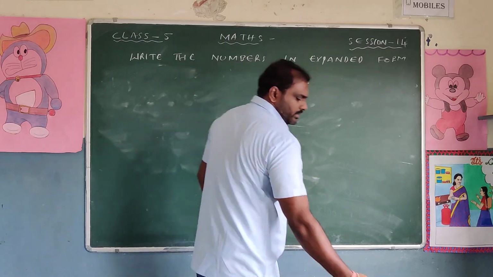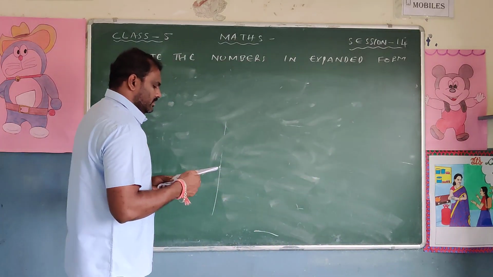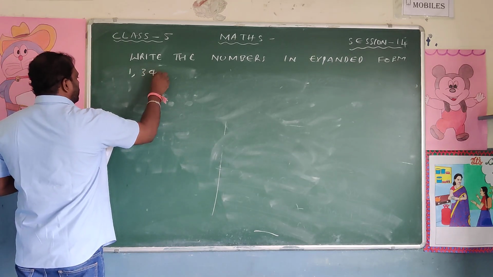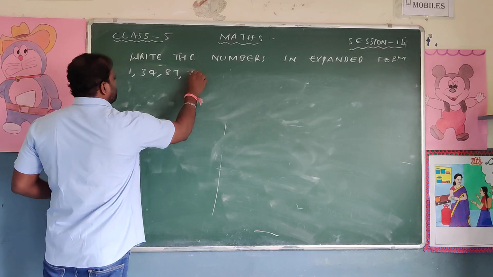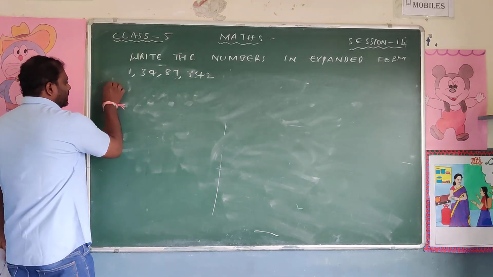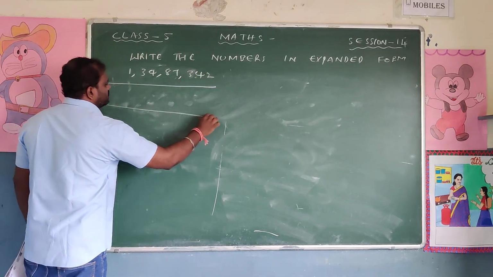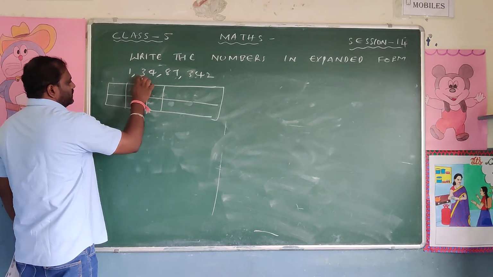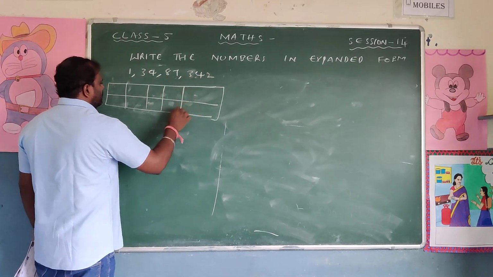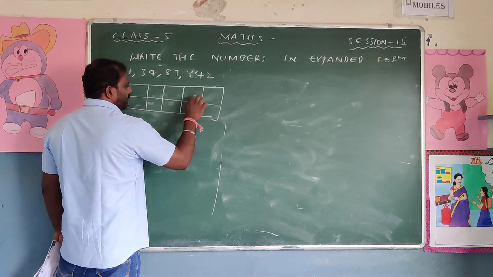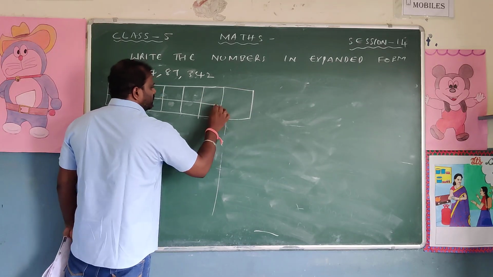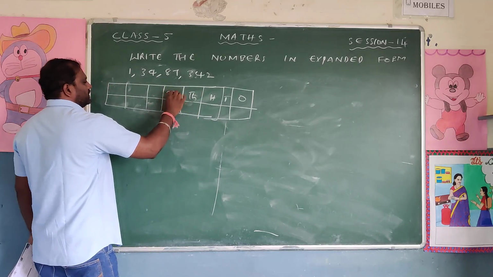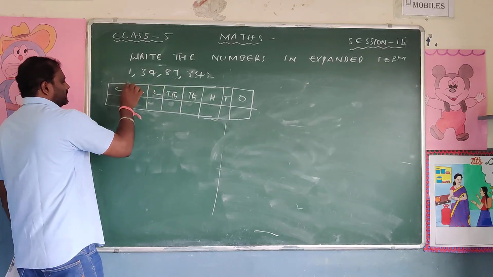So what is the question? One more question. 1 crore 34 lakhs 87,342. As usual, write in the box. This time 1, 2, 3, 4, 5, 6, 7 and 8: ones, tens, hundreds, thousands, 10,000, lakhs, 10 lakhs and crores.